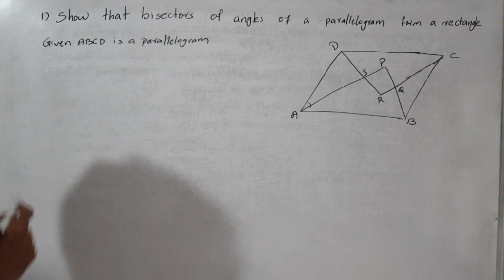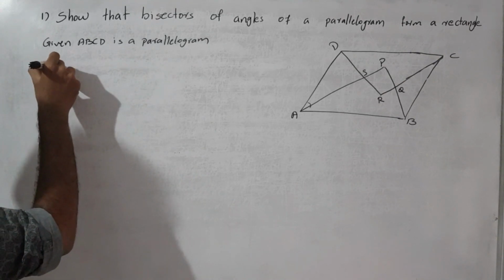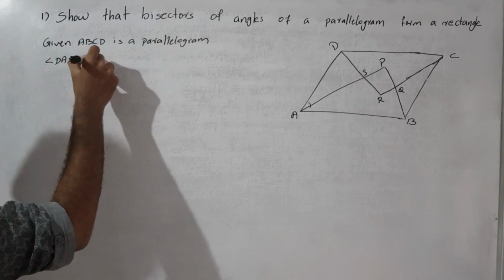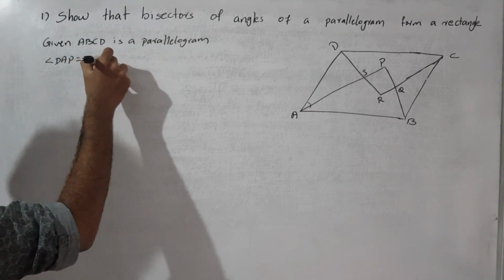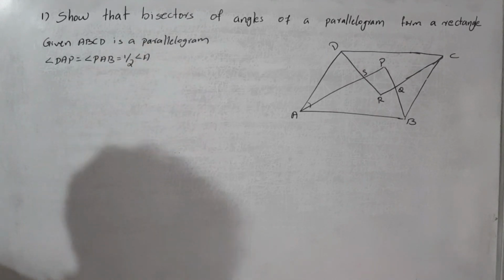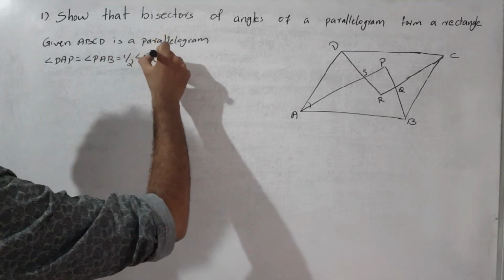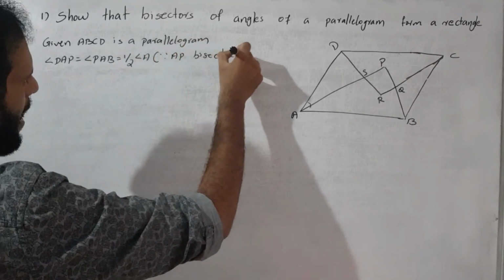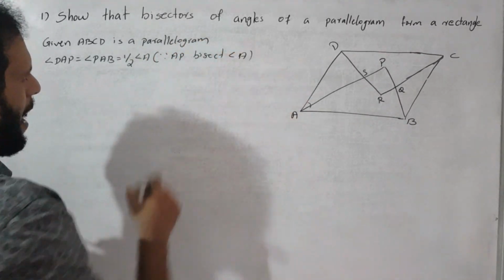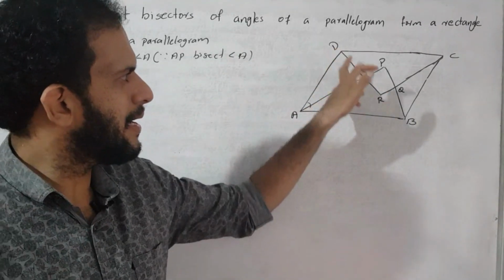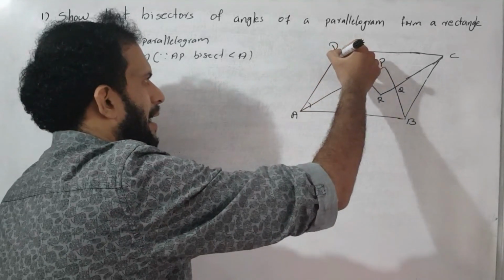We get angle DAP is equal to angle PAB is equal to half of angle A. What is the reason? Since AP bisects angle A.